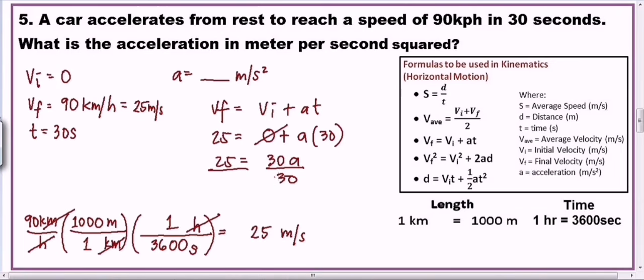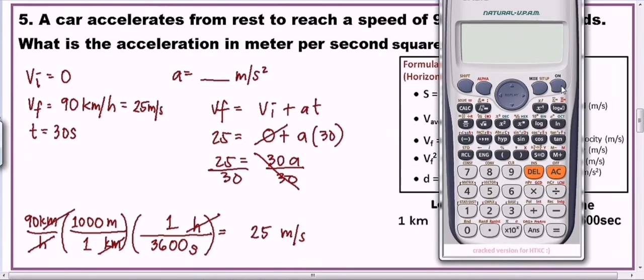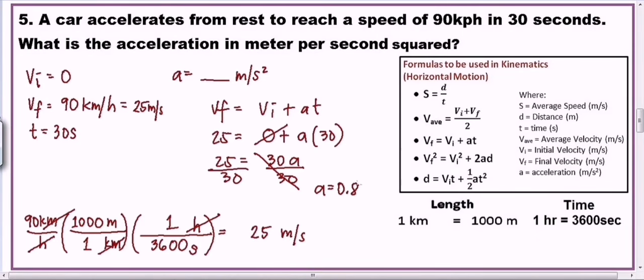Divide both sides by 30. Ayan. So, i-calculate natin yan. Hindi tayo magaling mag-divide. So, 25 divided by 30. So, the answer is 0.83. So, the acceleration is 0.83 meter per second squared. So, the final answer is this one. Okay? So, yung example 6 to 10, sa part 2 ko na siya i-discuss.